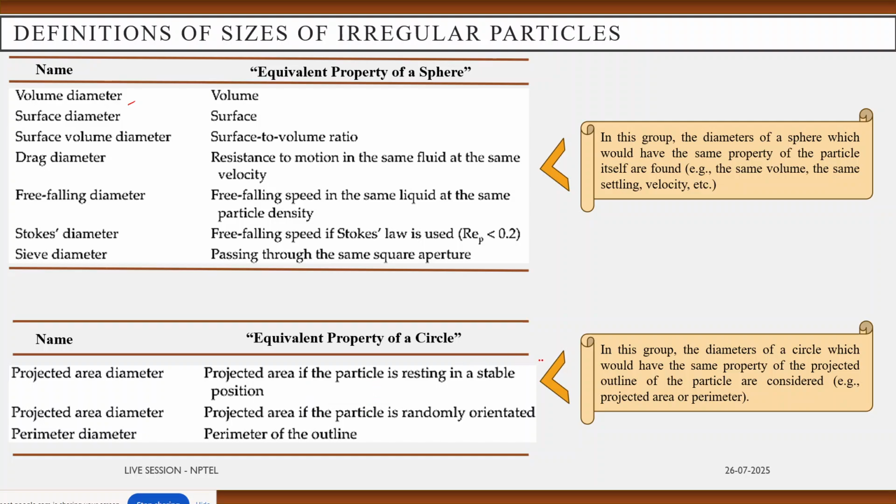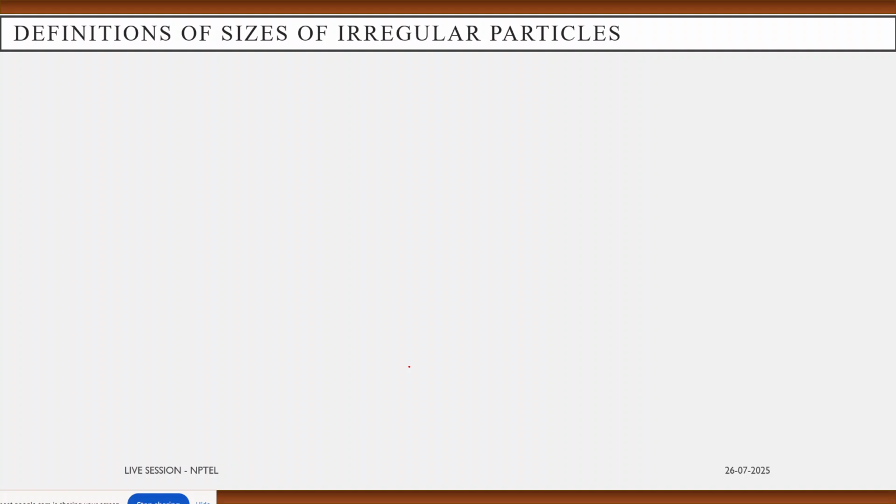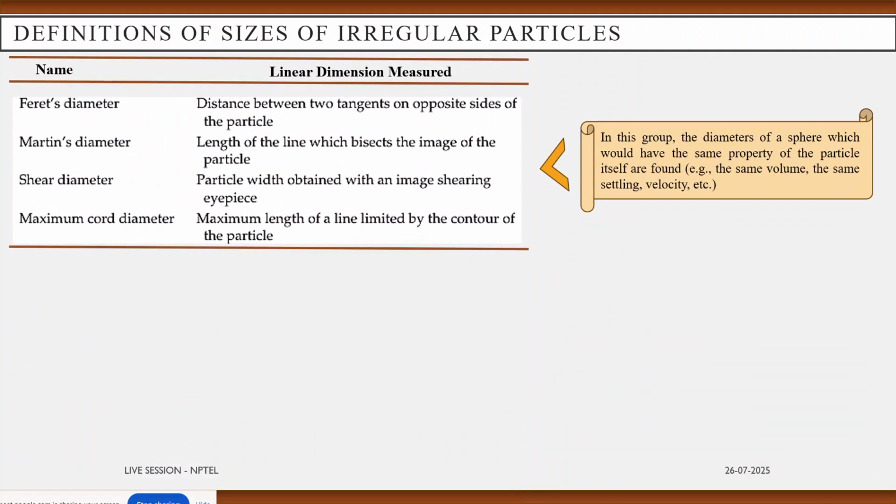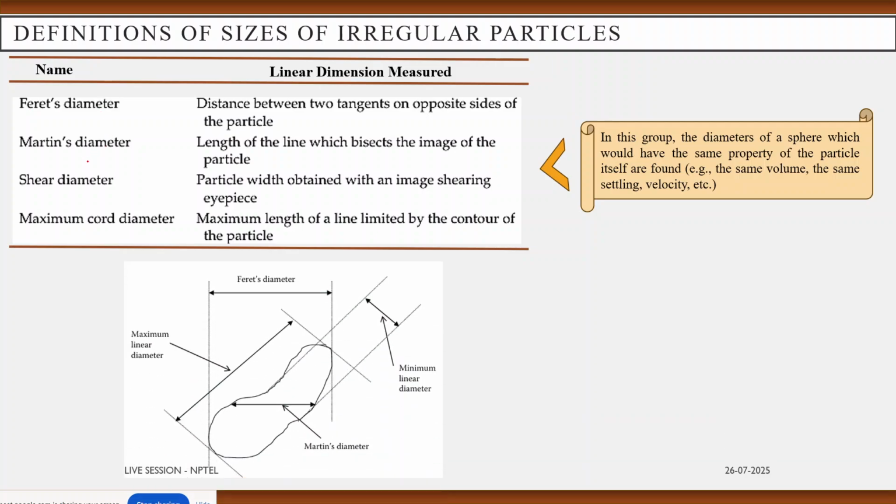We will show a picture that will help you understand how the projected area diameter is calculated. This one is the statistical diameter that we mentioned, the Feret diameter. I'll show you the figure.